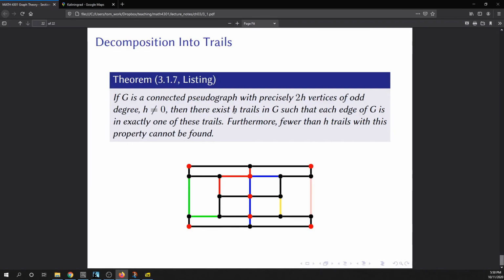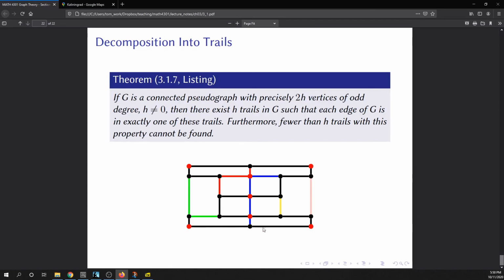So this theorem is saying that you can find 6 trails in G such that every edge belongs to exactly one of those 6, half the number of odd vertices that you've got. And you can't do it with fewer than 6 trails either. This is just a random thing that I did, and I'm sure there are plenty of other ways to do this, but I started with this trail where the edges are colored black here.